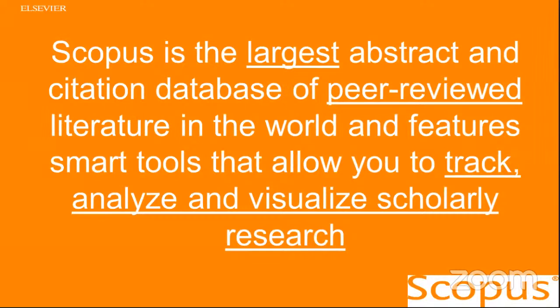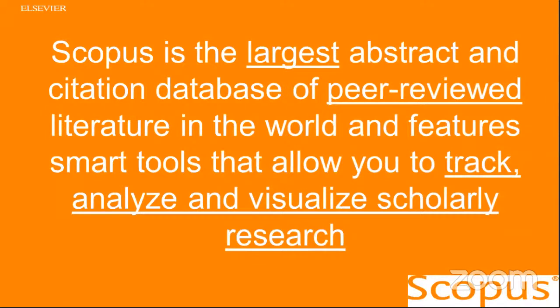And for you to know, Scopus is one of the largest abstract databases. You'll find there a very huge database of abstracts of papers published by publishers around the world in different fields.